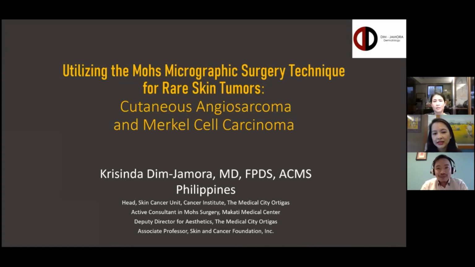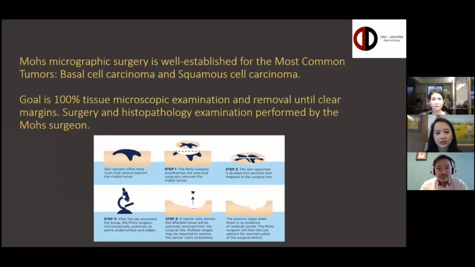Those cases where you do see a lot of satellite clinical lesions may not lend themselves to being treated using Mohs surgery. So we do have to choose the cases wherein we treat angiosarcoma patients using Mohs micrographic surgery.